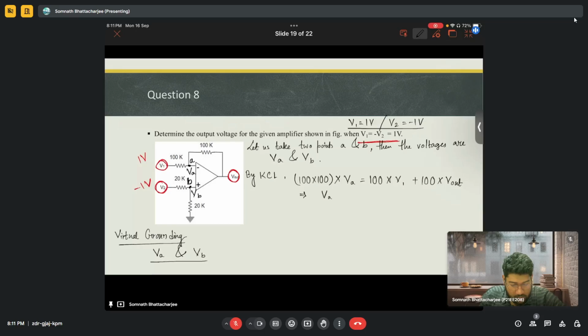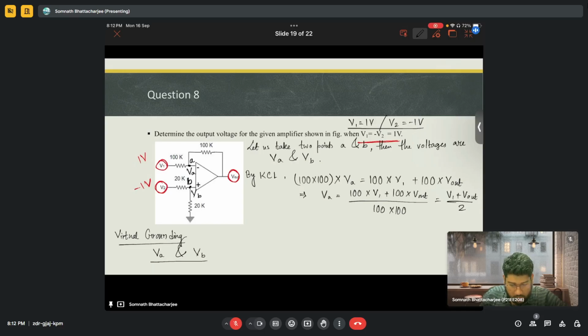So the value of VA will be 100 cross V1 plus 100 cross V out divided by 100 cross 100. So this is the basic case. We can directly write it as V1 plus V out divided by 2. Now, that was for the first loop, and now for the second loop we'll get the values.